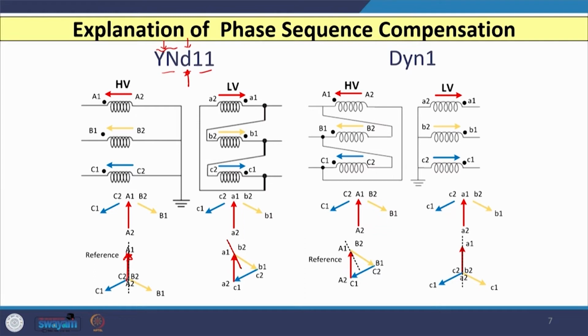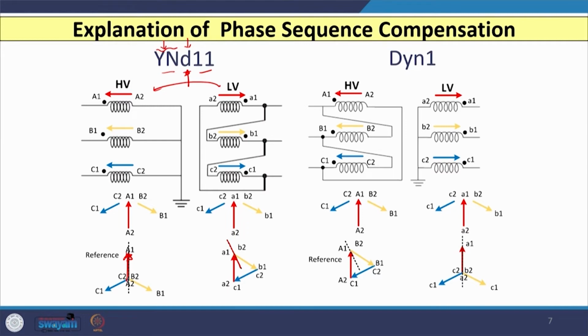However, if I swap the windings, that means I take the LV winding on the other side, and assume that my HV winding, which we are taking as a reference, is now the delta winding. So, my LV is coming as the HV winding and my HV winding is becoming the LV winding.